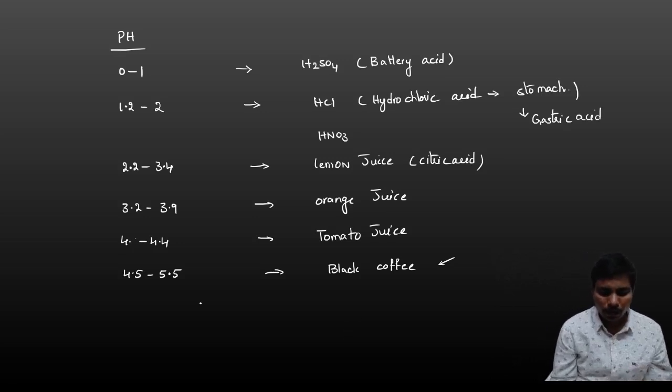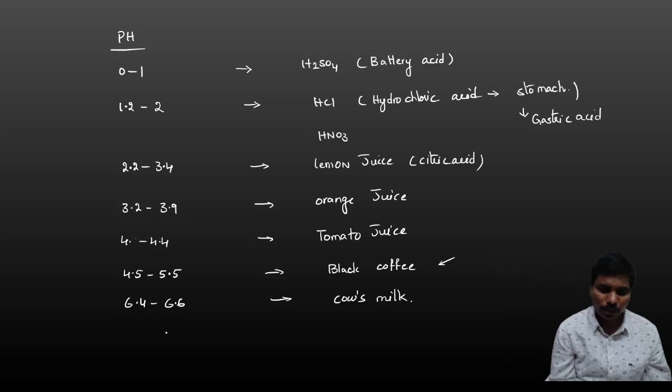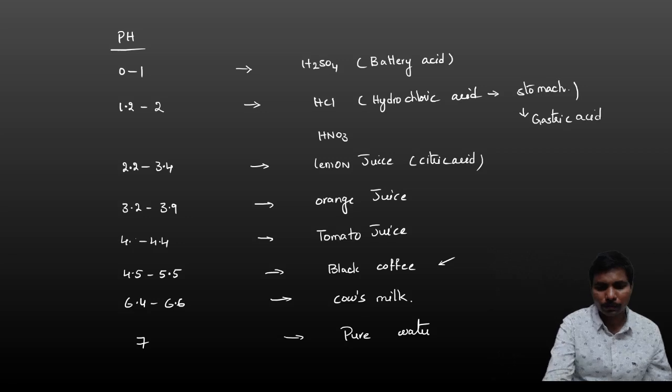Okay. Now coming to milk, 6.4 to 6.6, cow's milk. So milk is also a little bit acidic in nature. Coming to 7, pure water. Now coming to after 7, 7.3 to 7.5, that is our human blood.